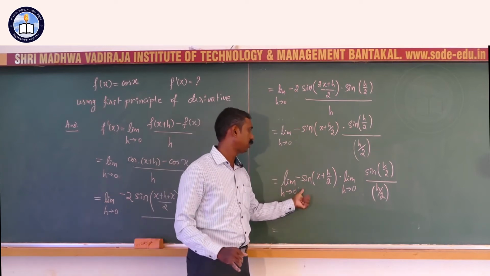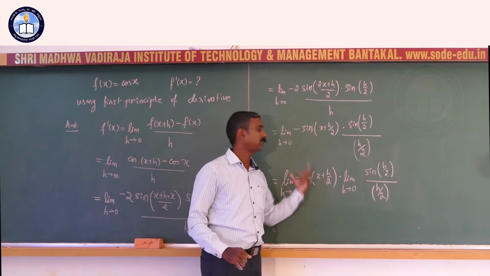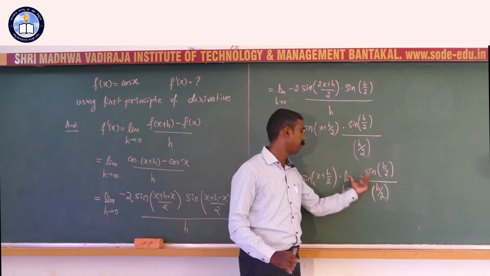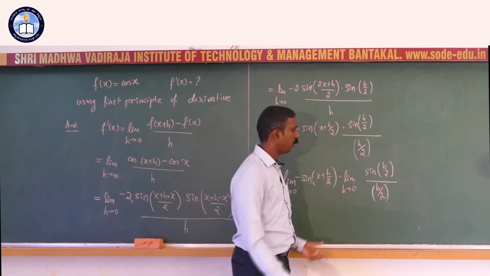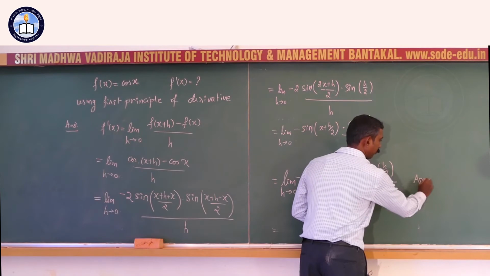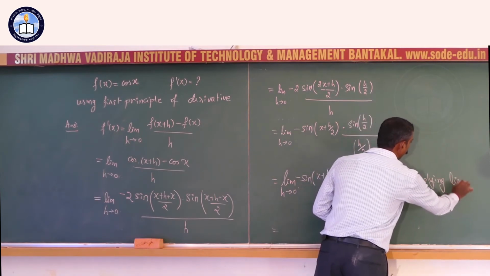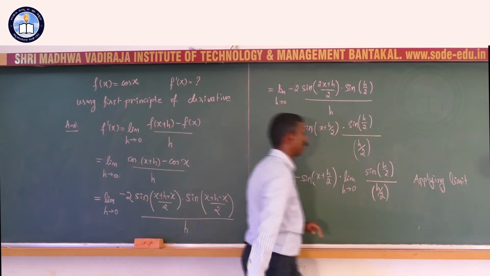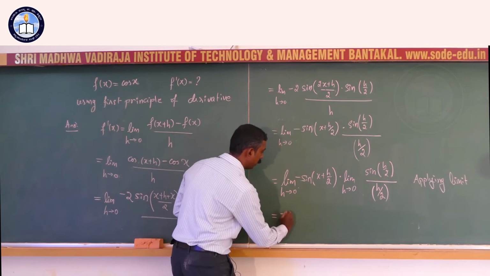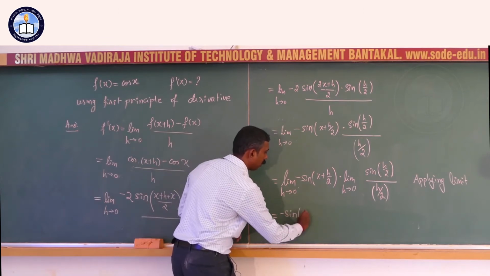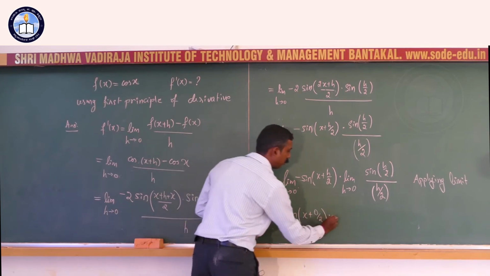Then what happens? Minus sin of x plus h by 2 is one limit, and the second limit is limit h tends to 0 of sin h by 2 divided by h by 2. Now applying the limit, this becomes minus sin of x plus 0 by 2, that is 0 only, into 1.